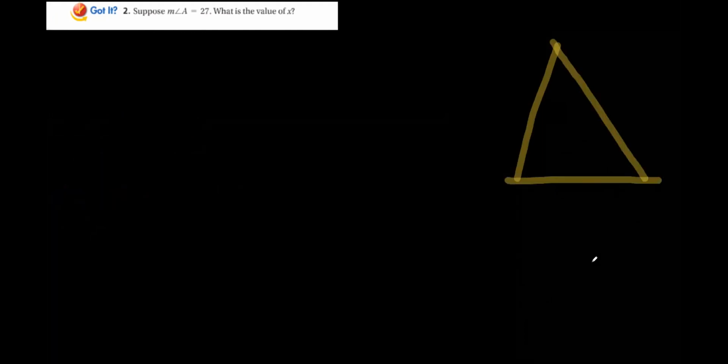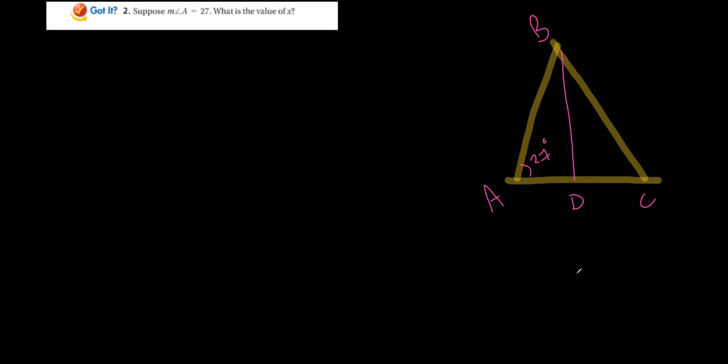Here we have this triangle. I want to remember the names: A, C, B, here is D, and the measurement of angle A now is 27.